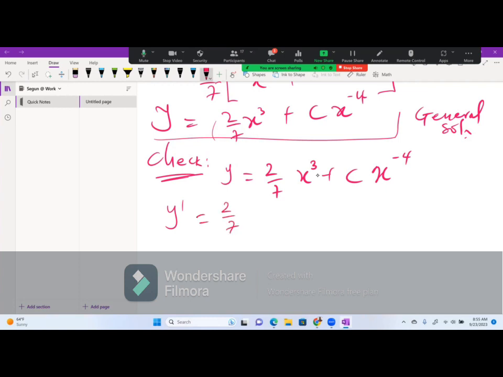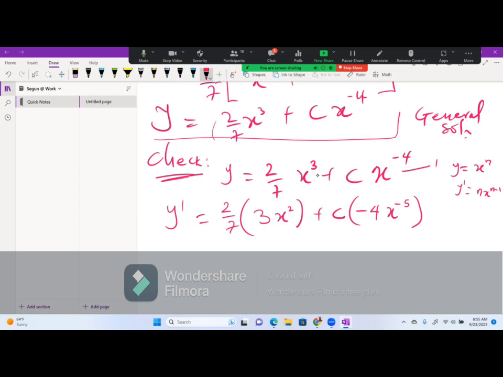Remember, differentiation is when you have y equals x raised to power n, then y prime will be n x to the n minus 1. You remember. So when you differentiate this one, you have 3x squared. The constant is outside. I can differentiate what is inside, and I have minus 4 x raised to the power minus 5, because it's negative.